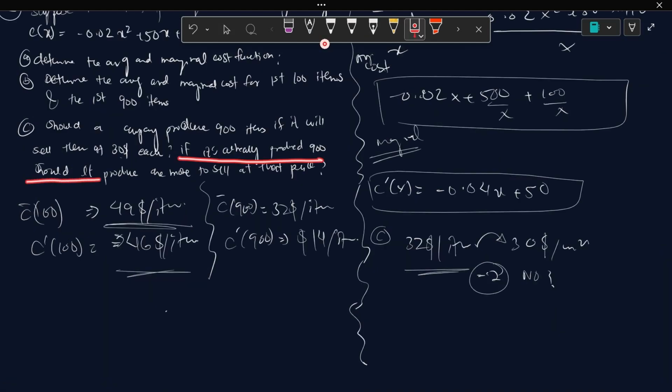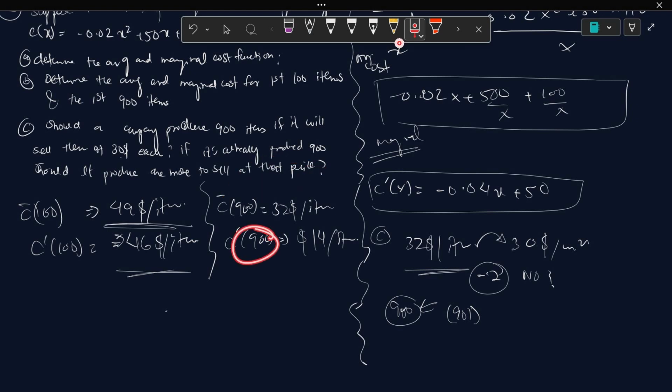Second, having produced 900, should it produce one more to sell at that price? Now it changes. They have already produced 900 and want to produce one more item, the 901st item, and sell it at that price.